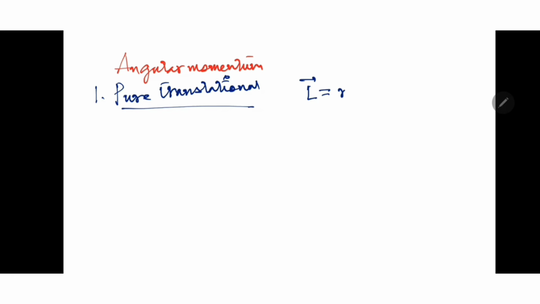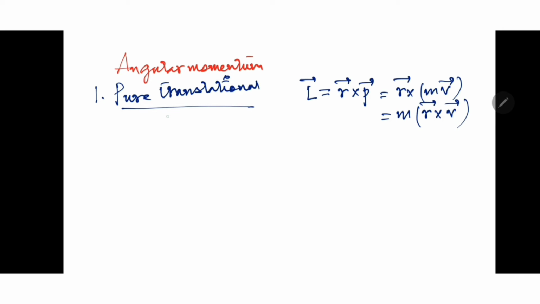In case of pure translational motion, L vector equals r cross p, that is r cross mv, that is m into r vector cross v vector.